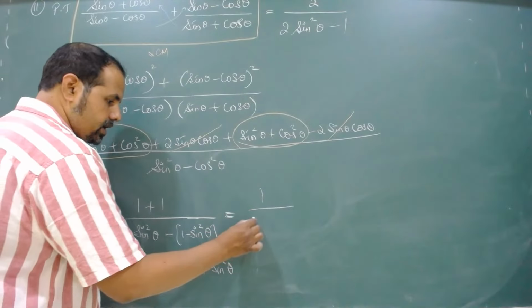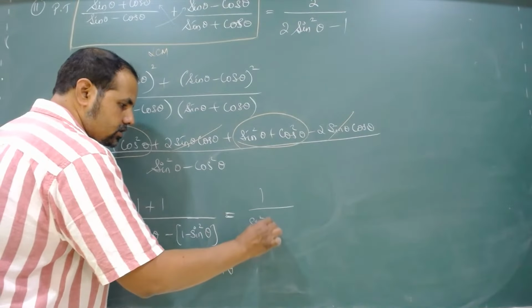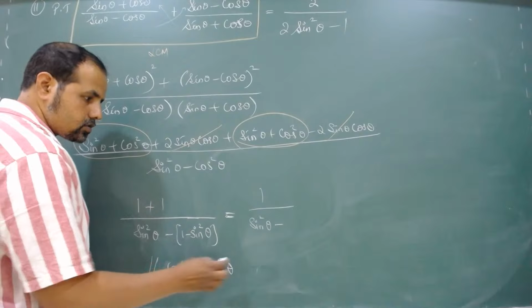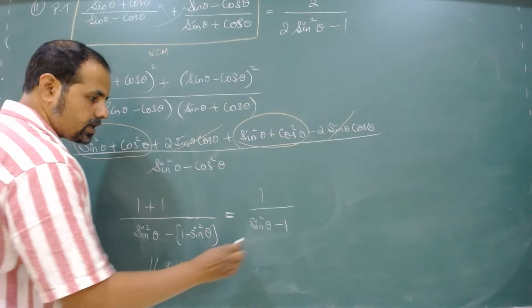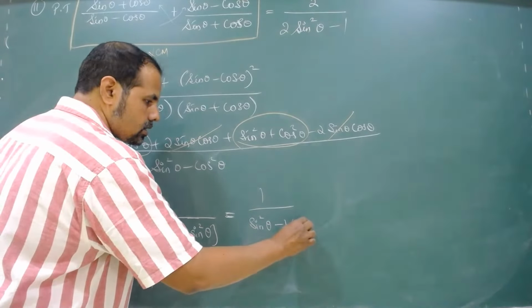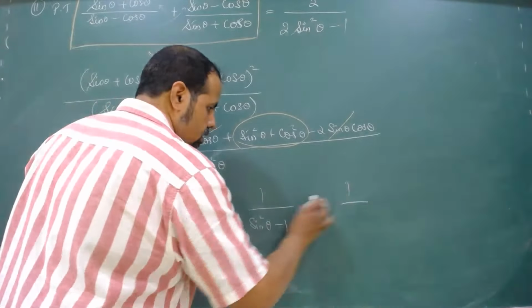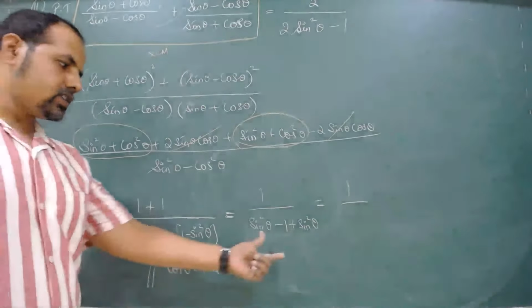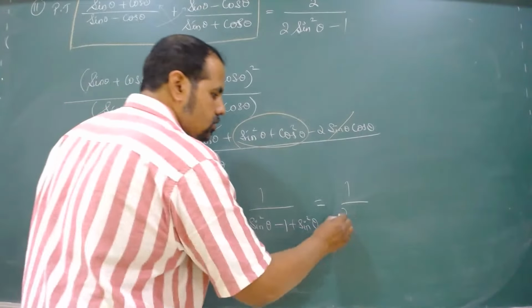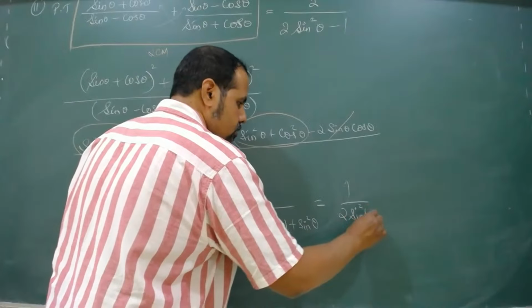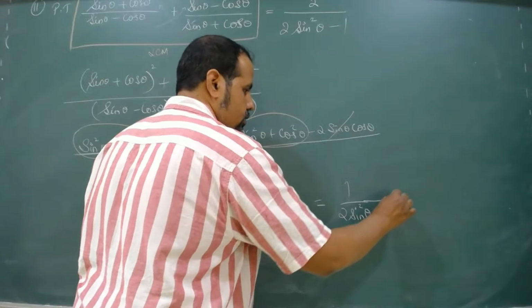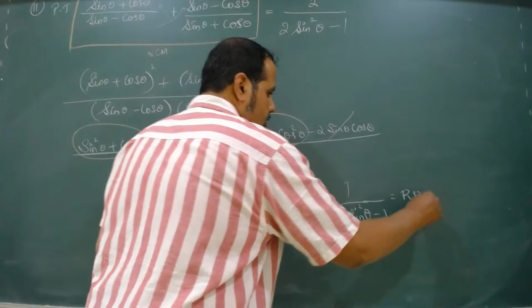1 divided by sin square theta minus 1 minus into minus plus sin square theta. Now you can clearly see that sin square plus sin square is 2 sin square theta minus 1, which is your RHS.